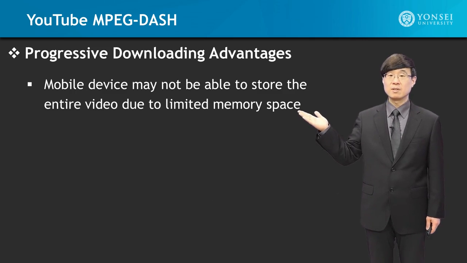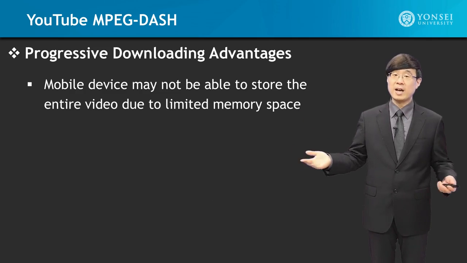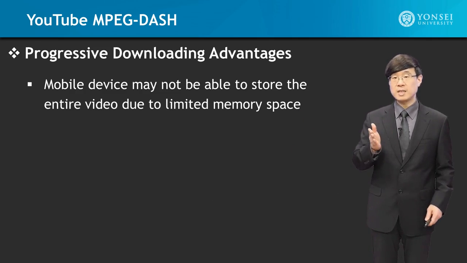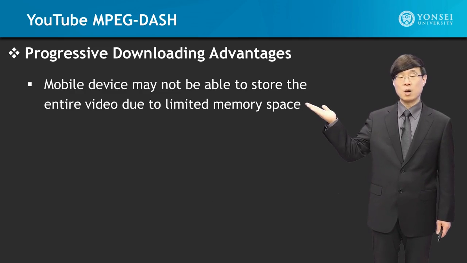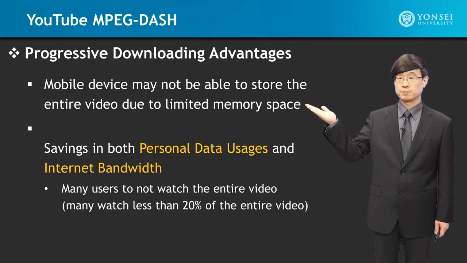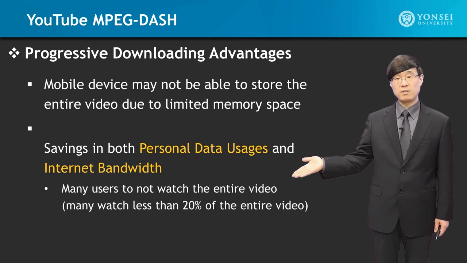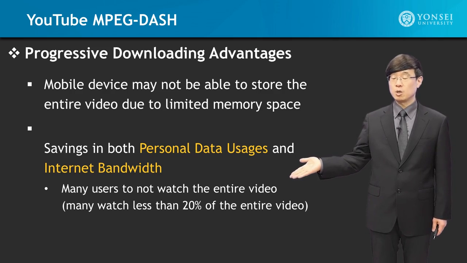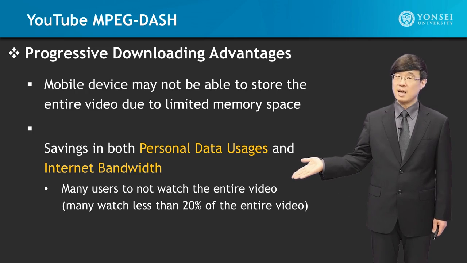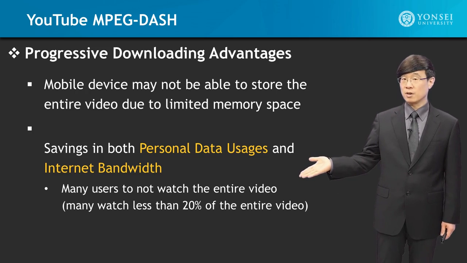Even if you have a lot of memory, if the video file is very large, you still face the same problem, and this works as a wonderful solution. In addition, many users do not watch an entire video. For example, in YouTube and other services, a common finding is that many people only watch about 20% of the entire video.